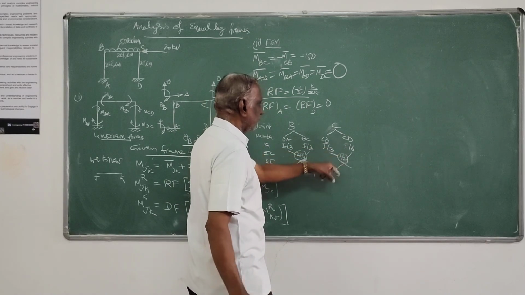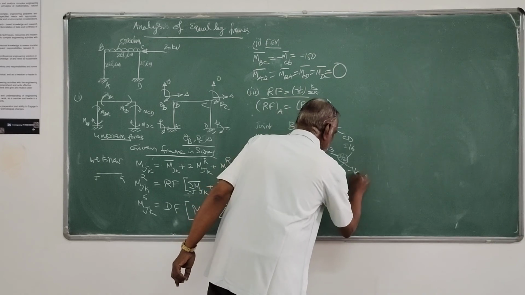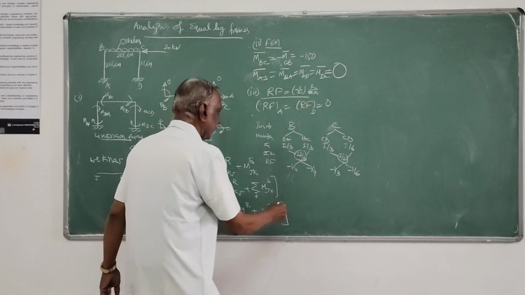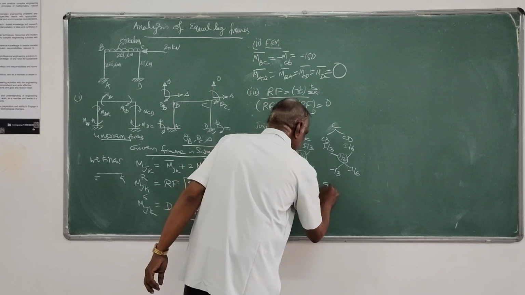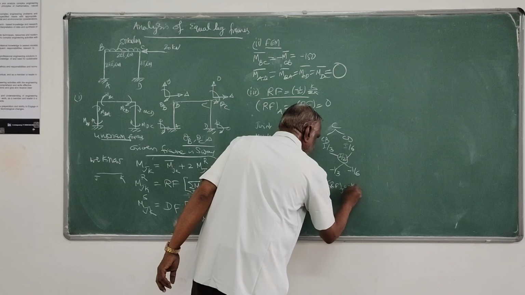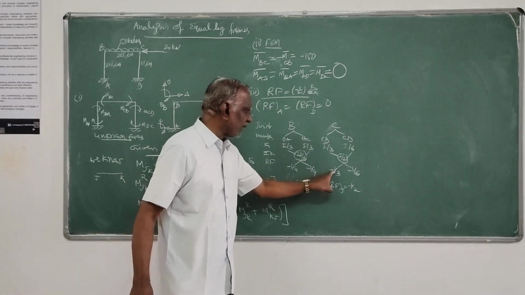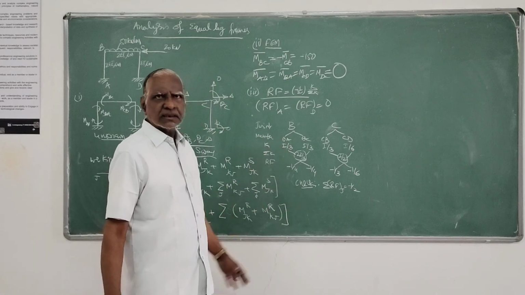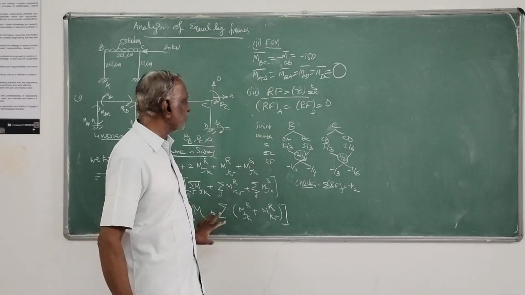Here it is 1 by 3 into minus half, that is minus 1 by 6. You can make the check. The sum of the rotation factors at each joint should be minus half. It is minus half here. Here minus 1 by 3, minus 1 by 6, that's also minus half. So whatever calculation you have done, it is okay.